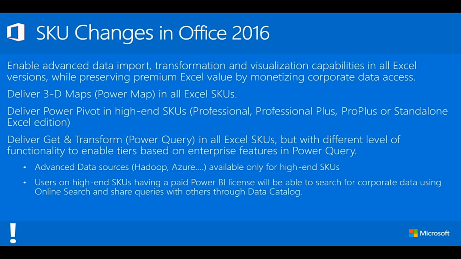The only difference is that in Power Query, some of the corporate data sources and the corporate data catalog are available only for Pro and Pro Plus SKUs. Power Pivot is still available only for Pro and Pro Plus SKUs. It's Professional, Professional Plus, and standalone Excel versions that include the high-end functionality.